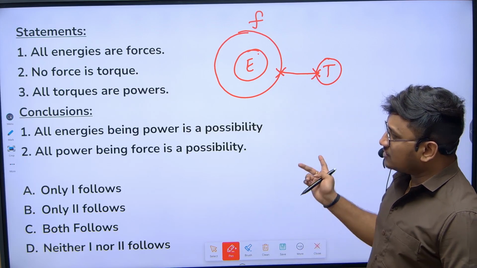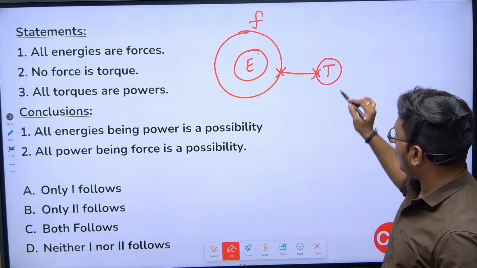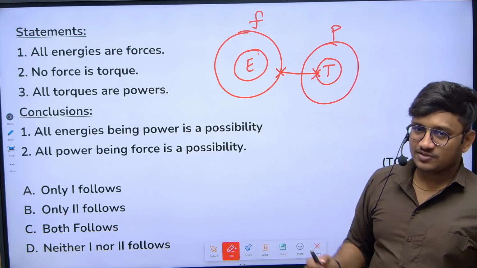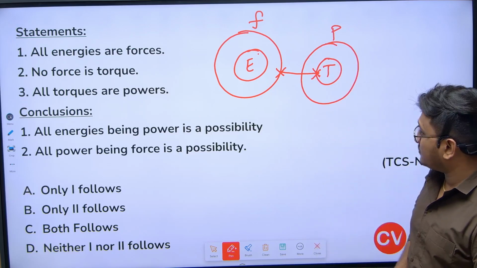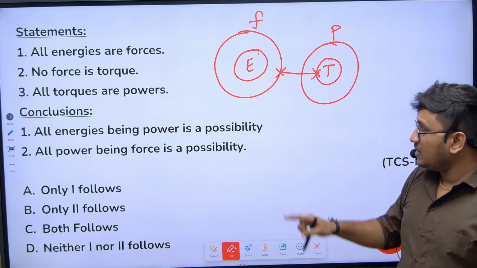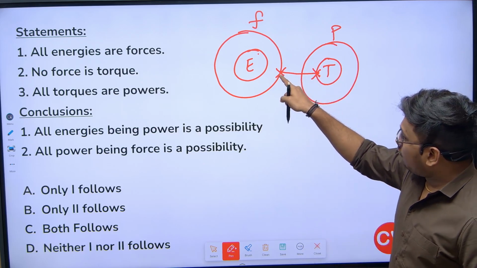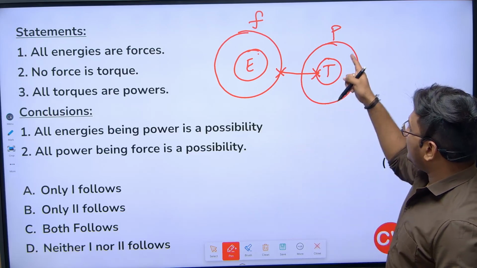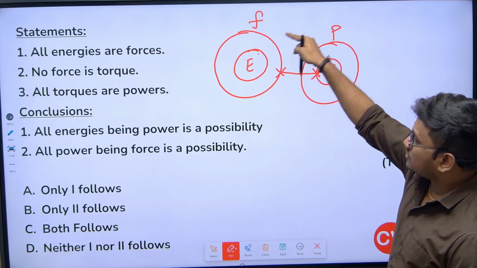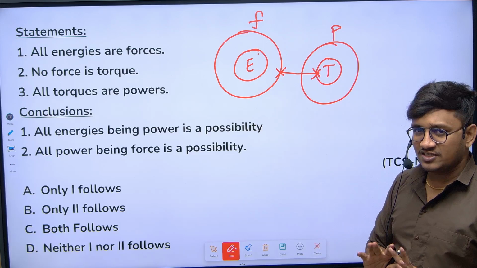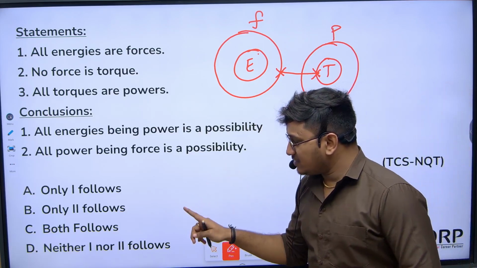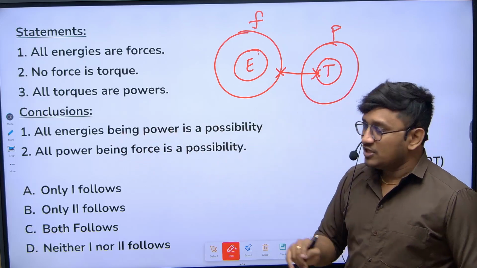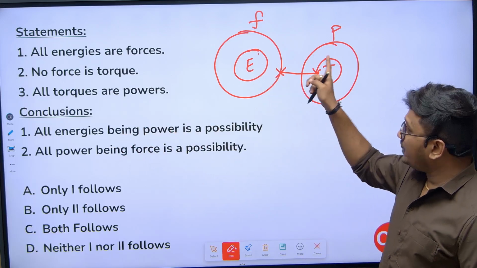Next, all torques are powers, so all torques should be powers. Remember here, the force and torque circles should not touch each other, but the power circle can touch forces, energies, and all the remaining circles. It is possible. Now just remember, all energies being power is a possibility.